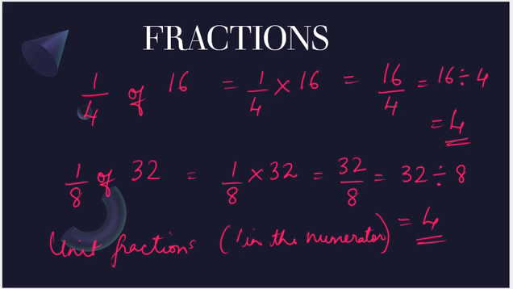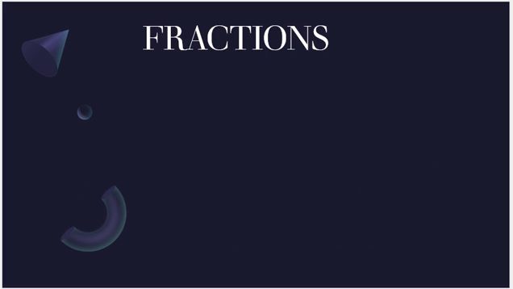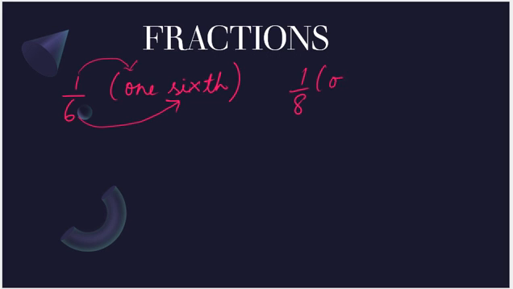I hope it's clear. I want you to find the answer of a few sums and write in chat what would be 1/6. I read it as 1/6. 1 is read as it is, and because 6 is in the denominator, it's read as one sixth. 1 by 8, one eighth.